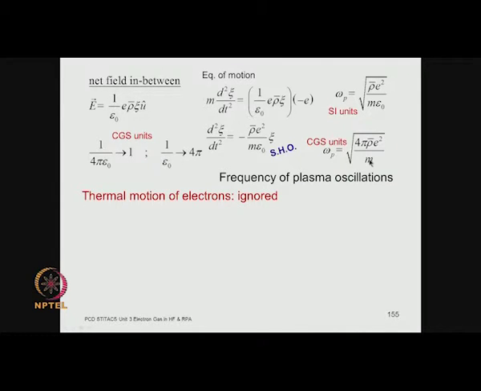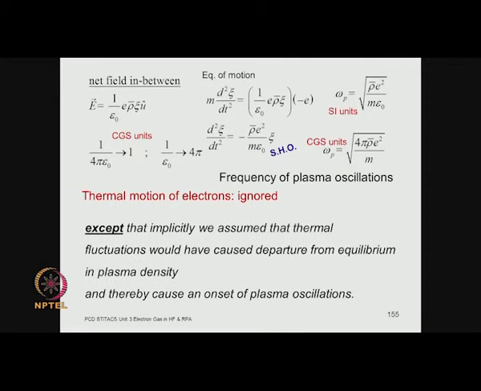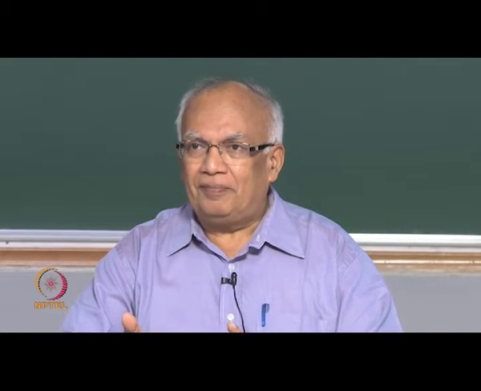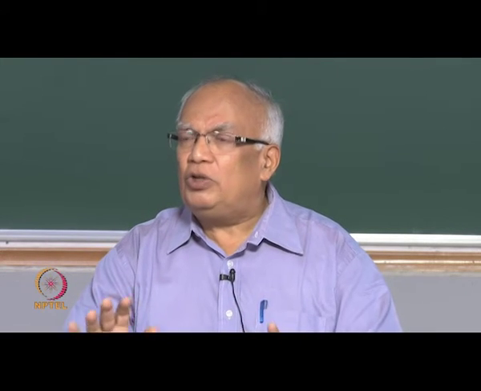Now, we are going to ignore thermal motions at this point, except that we assume some thermal motion would have caused the initial displacement, because you need some origin. It is not that you have applied an external field to displace the electron gas. This is something which happens internally, but other than that we are going to ignore any thermal motion.